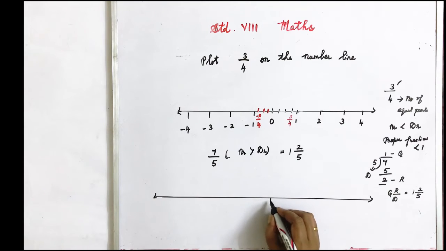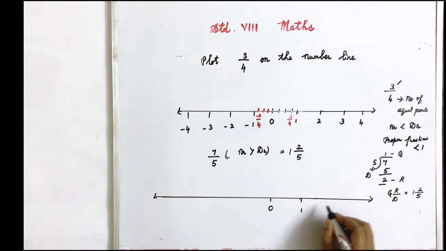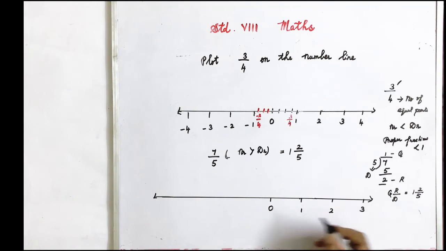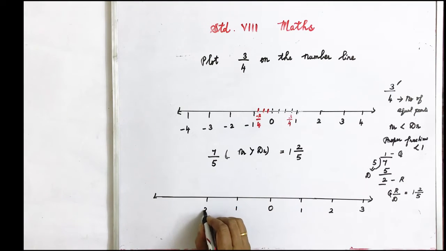In the middle 0, on the right side positive numbers: 1, 2, 3, and in the same way on this side 1, 2, 3.